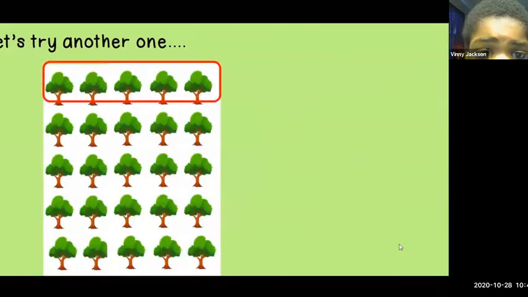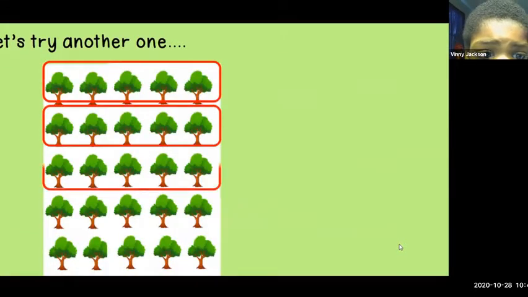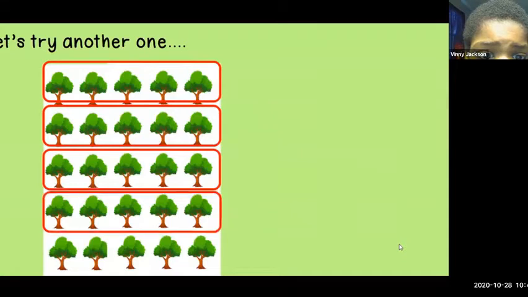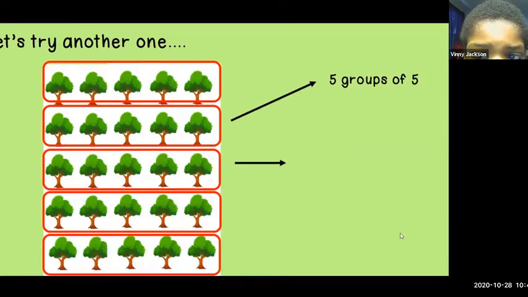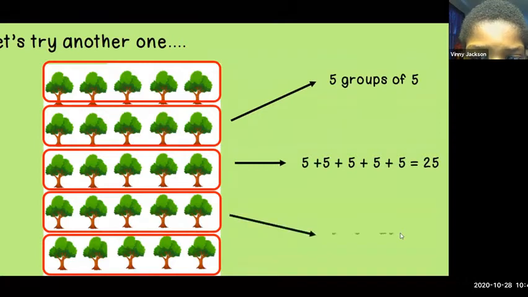Let's do one more. 1, 2, 3, 4, 5 groups of trees, and in each group there are 5 trees. We can say this as 5 groups of 5, 5 plus 5 plus 5 plus 5 plus 5, or 5 multiplied by 5. The answer will always be 25.